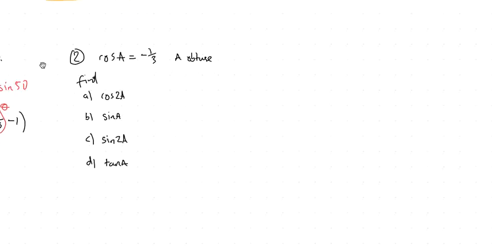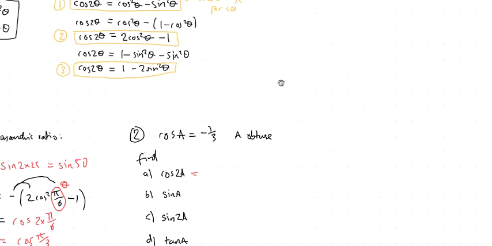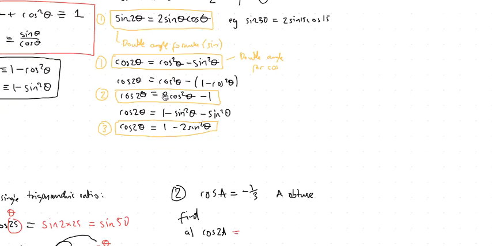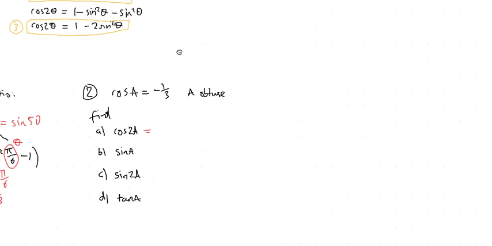Well, using the double angle formula for cos, since we only have information about the cos for this one, let's just use, again, this middle one here, which only involves cos, so 2 cos squared theta minus 1.